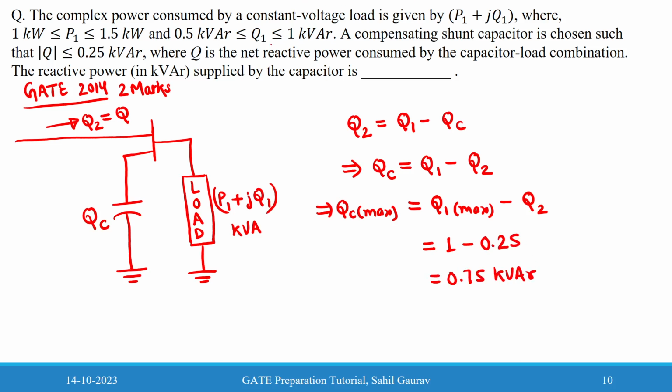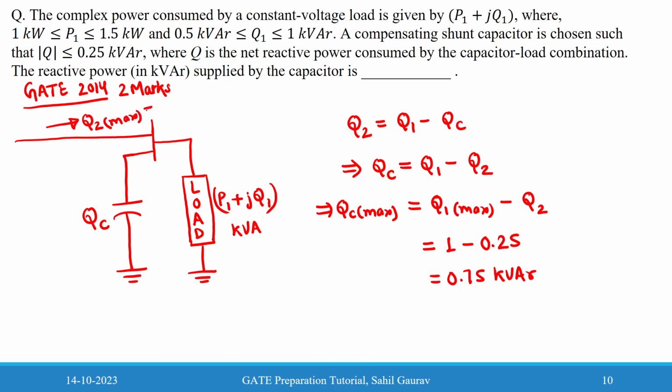In this question, it is given that for the whole combination of shunt capacitor and load, Q is the net reactive power consumed. This Q2 is given, so this is the maximum value. Q2 max will be 0.25 kVAr, that you cannot draw reactive power more than this value.